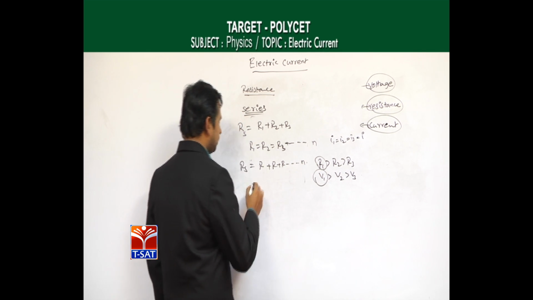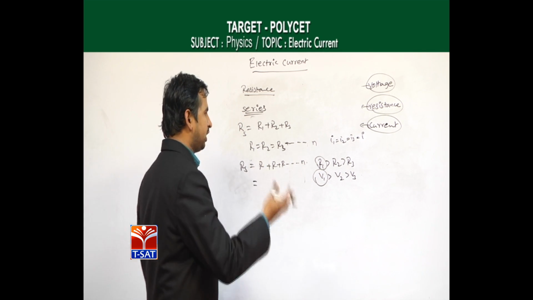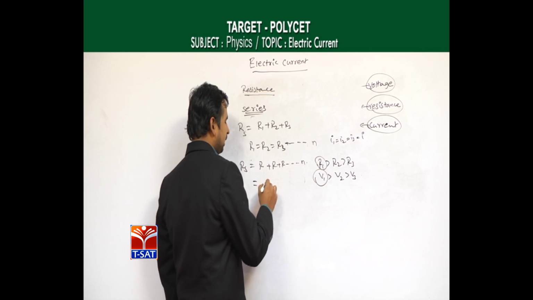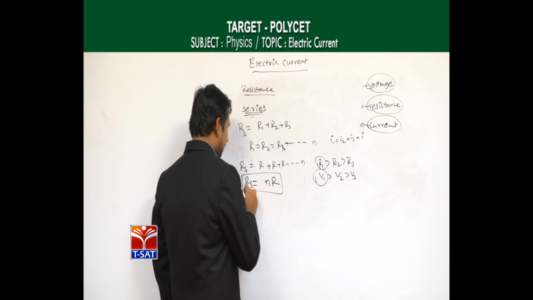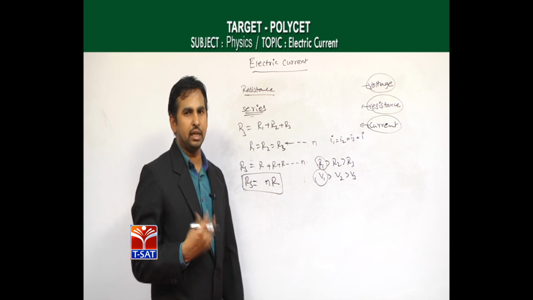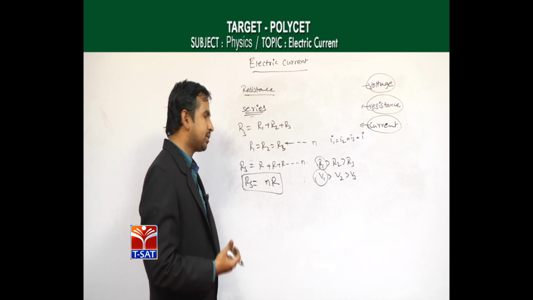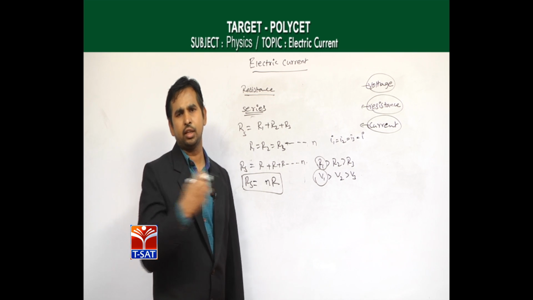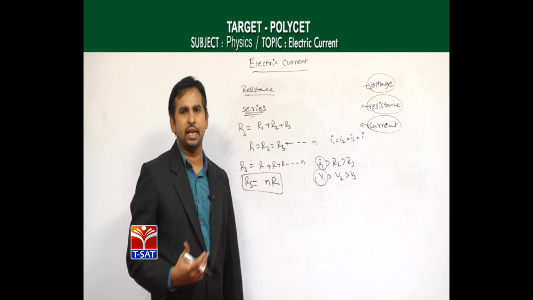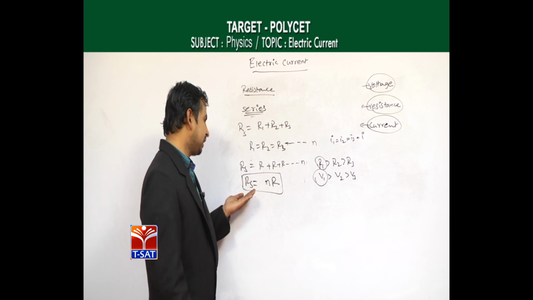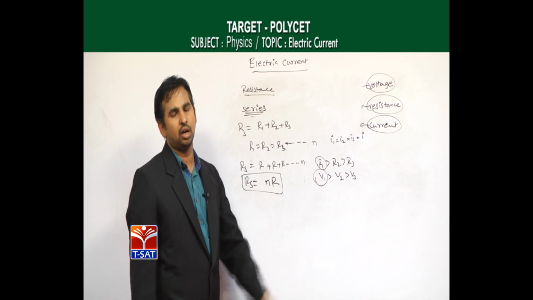As we are taking n number of resistors, RS becomes nR. The equivalent resistance, if each resistance has value R and you add that n number of times, becomes n into R.